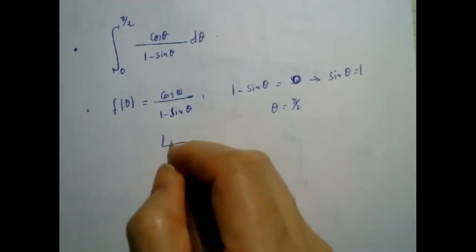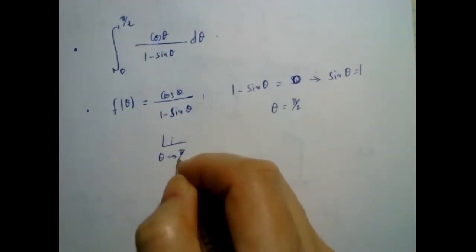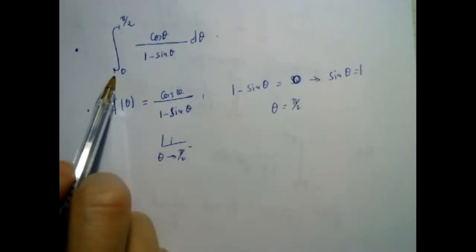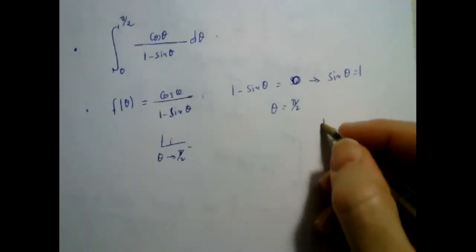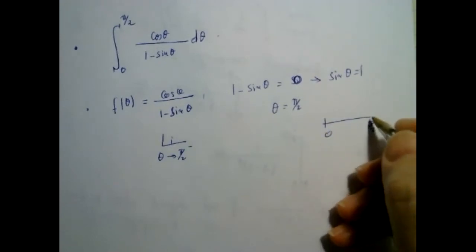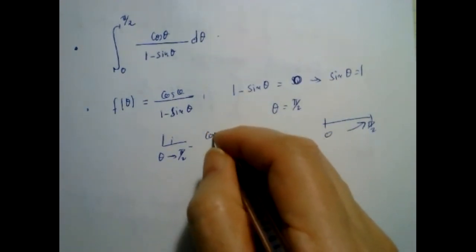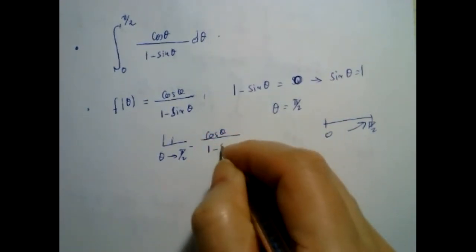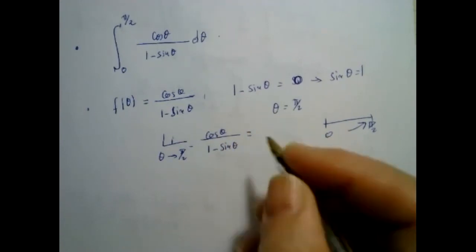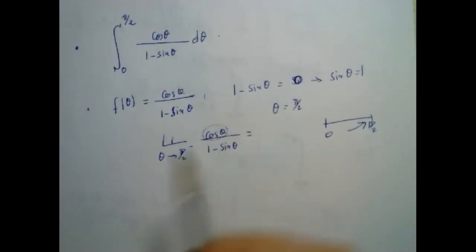So when theta becomes close to pi over 2 from the negative side, because I'm working from 0 to pi over 2, I'm interested in what's happening from the left of the function. What's going to be this limit?